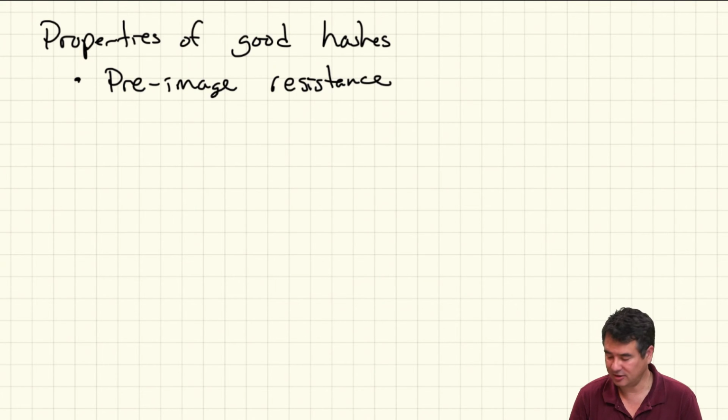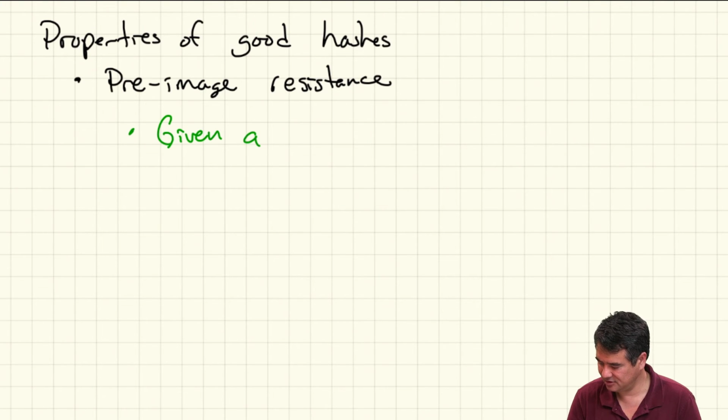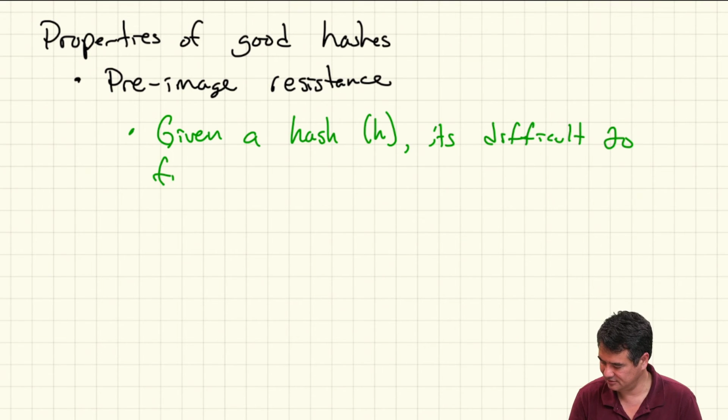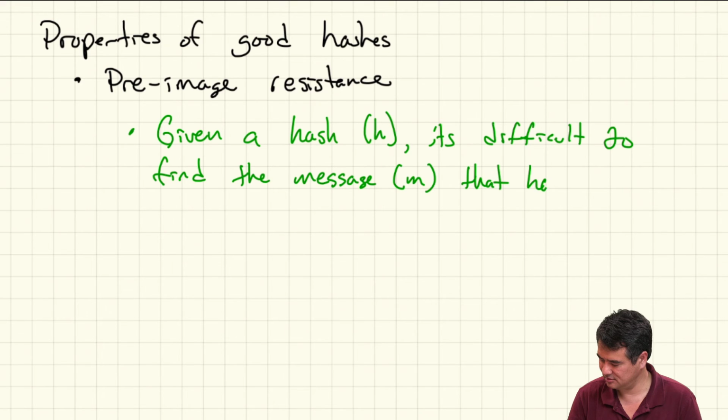What that means is, given a hash, let's call it H, it's difficult to find the message, let's call it M, that hashes to it.